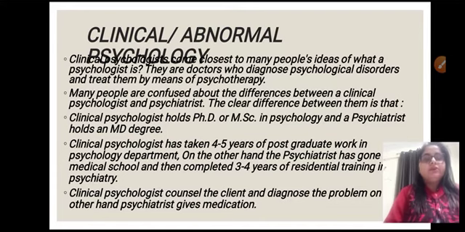A clinical psychologist counsels the clients, diagnoses the problem, and whatever therapy is required for their treatment, clinical psychologists provide the therapy sessions also. On the other hand, a psychiatrist prescribes medications on the basis of the diagnosis.